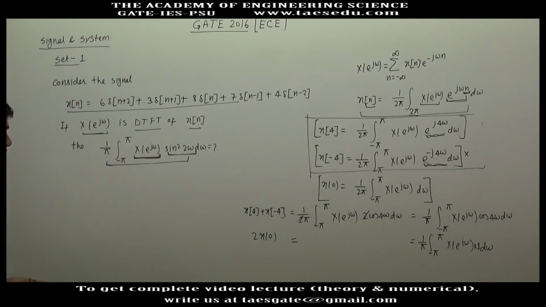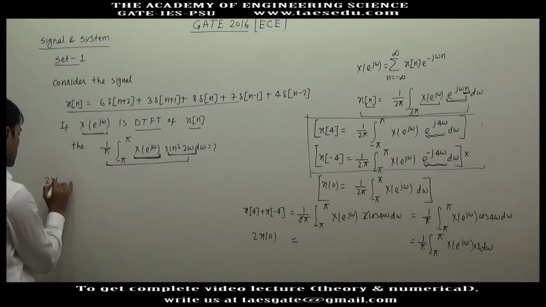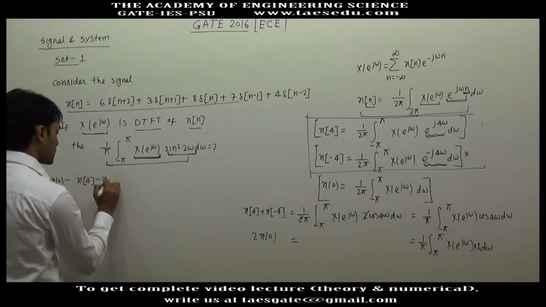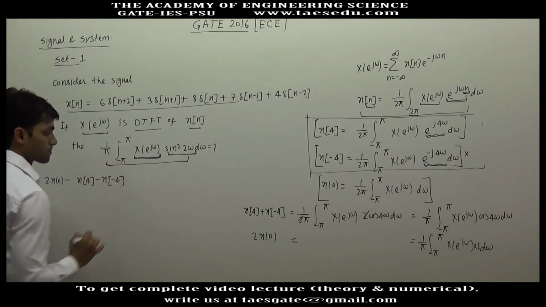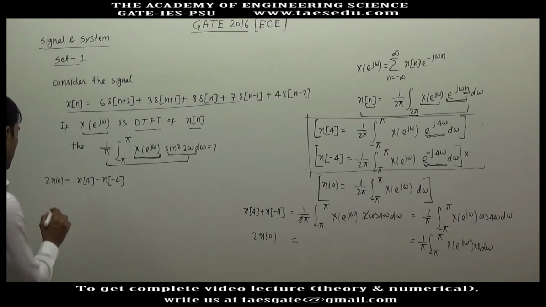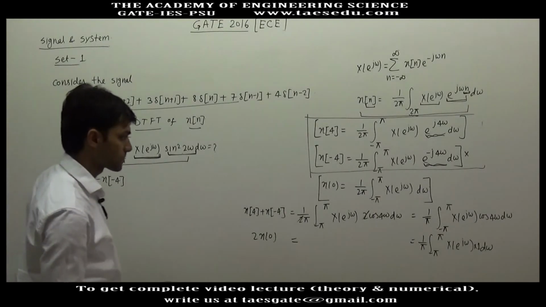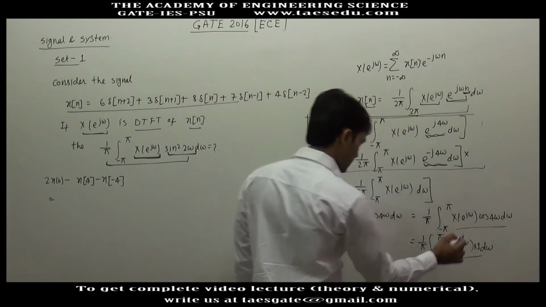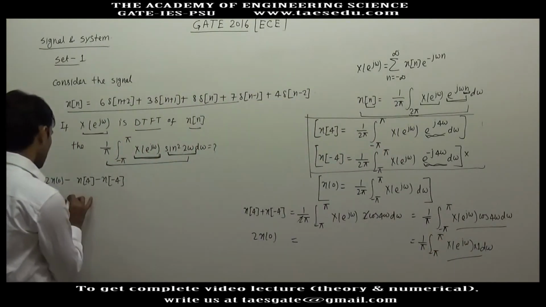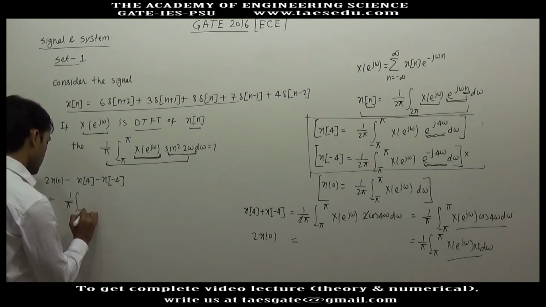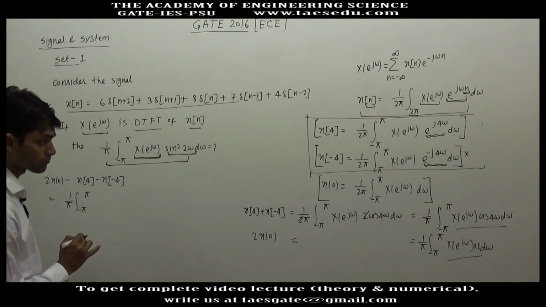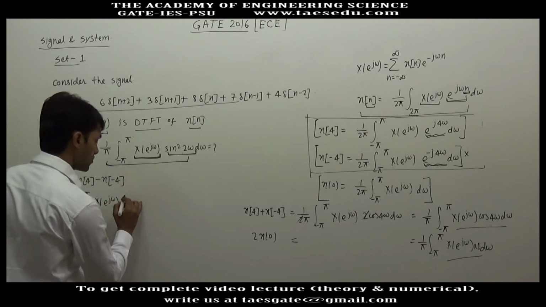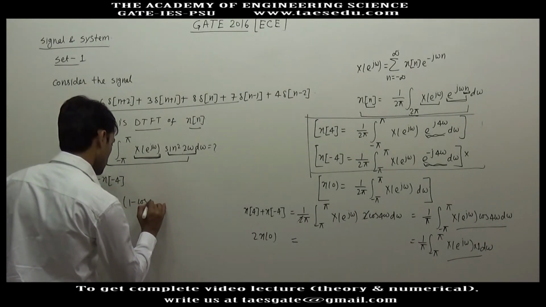So what will be the value of 2x0 minus x4 minus x of minus 4? Simply subtracting this from this, we have 1 upon pi from minus pi to plus pi of x e to power j omega into (1 minus cos 4 omega).